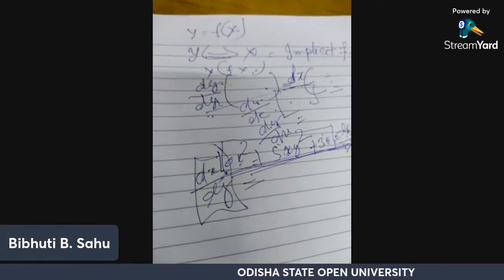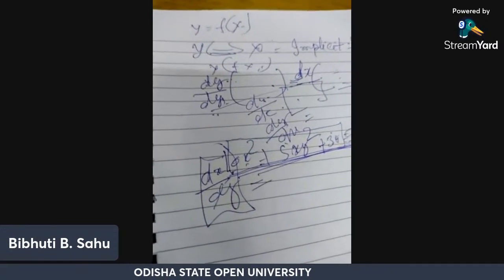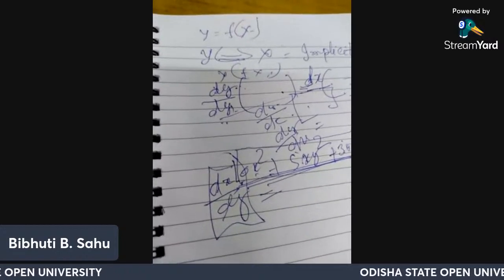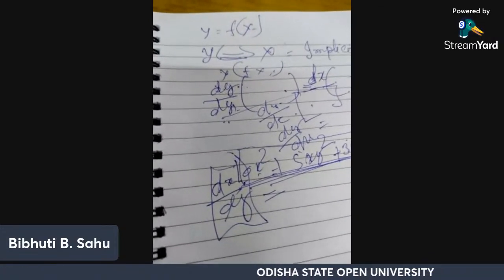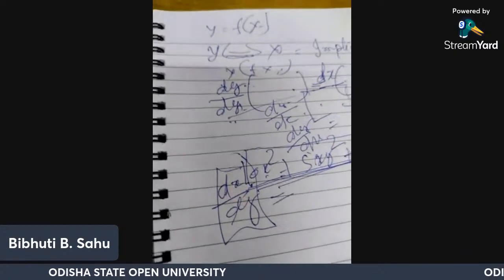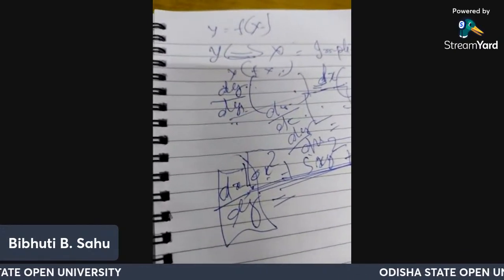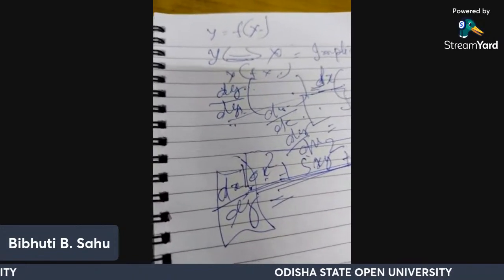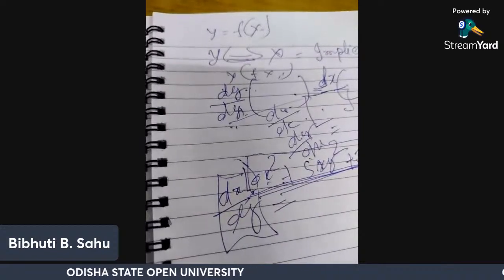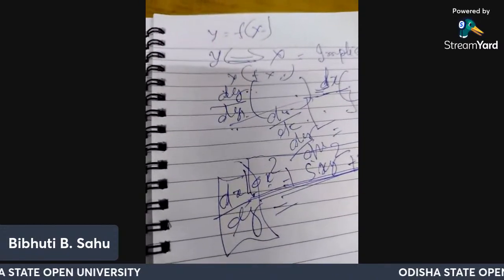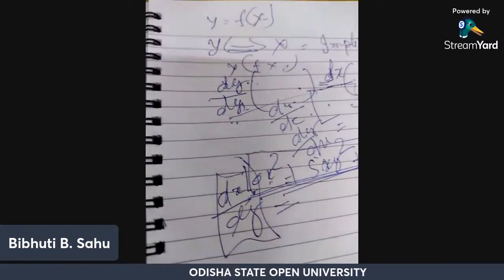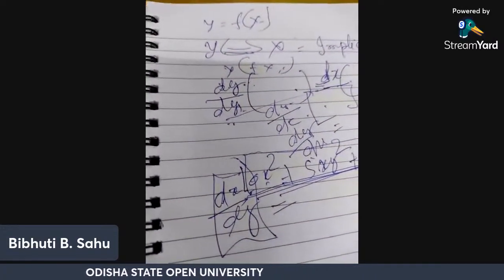Again, when we are talking about total differentials, we can apply them in our economic analysis. You might be studying the elasticity of substitution in the case of production functions, that is constant elasticity of substitution. Elasticity of substitution of 1 means Cobb-Douglas production function, and then CES production functions. In that case, we can use these total differentials.